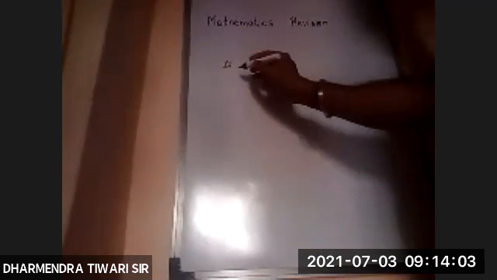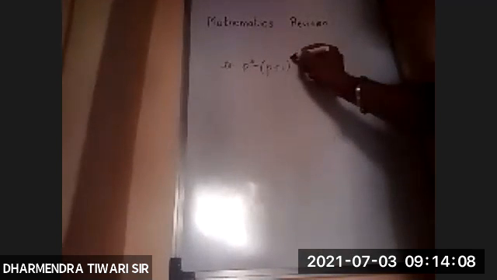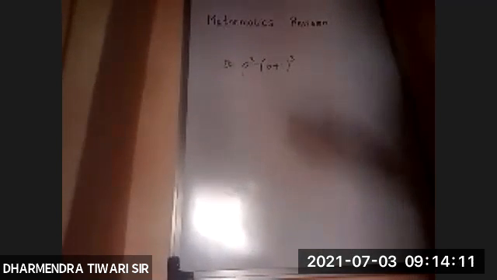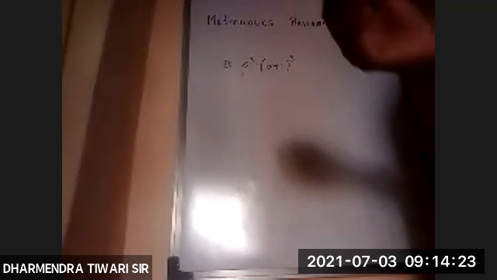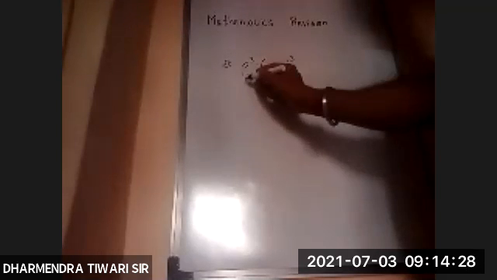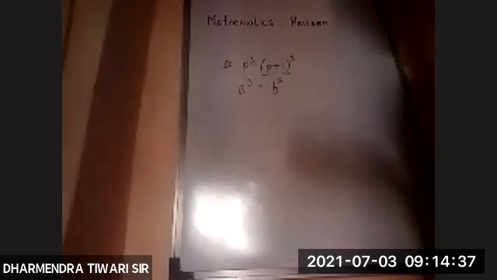So we have p cube minus p plus 1 the whole cube. Now we can deal with this type of problem in two ways. You can consider it as a cube minus b cube, or you can just apply the formula for this and cancel the remaining terms. I will show you both methods.